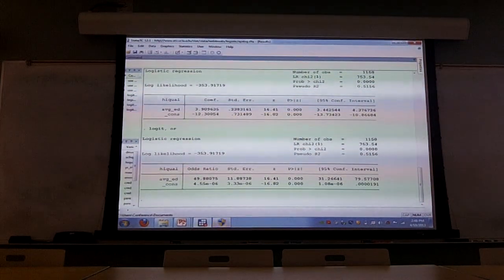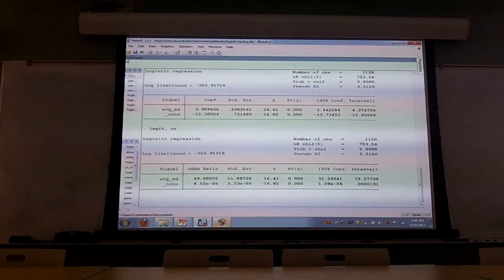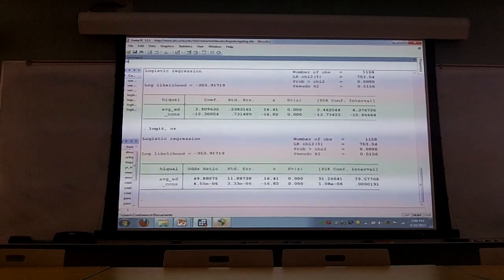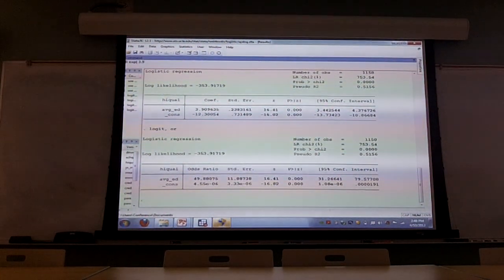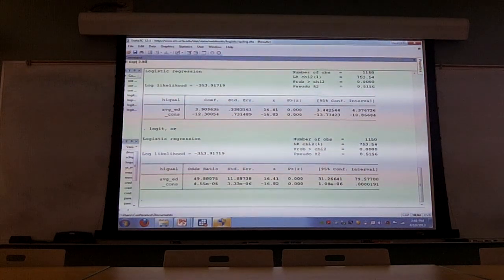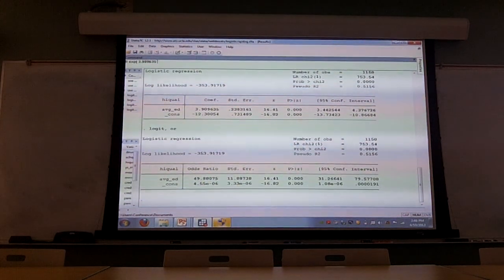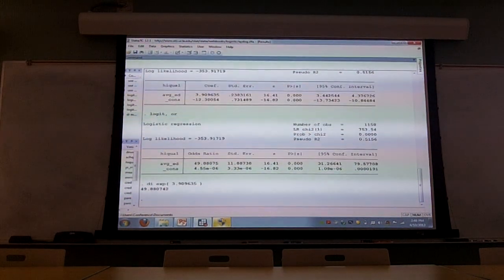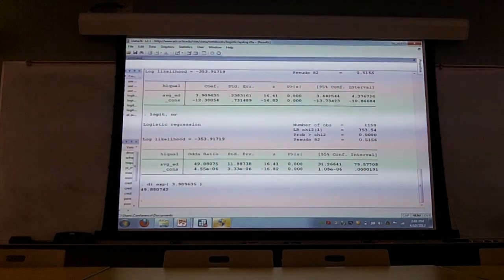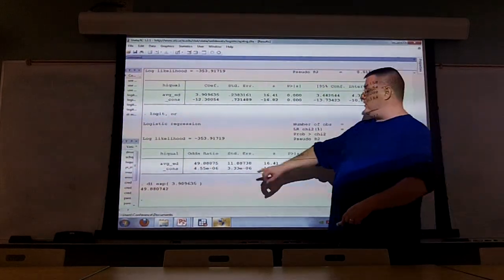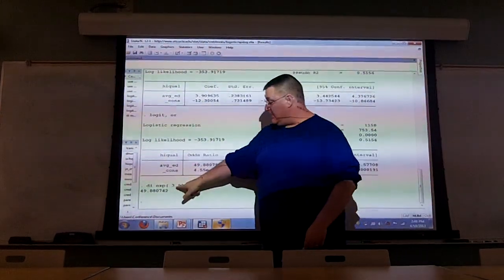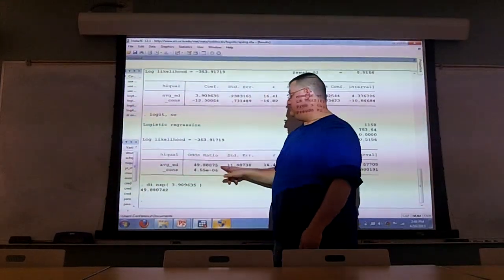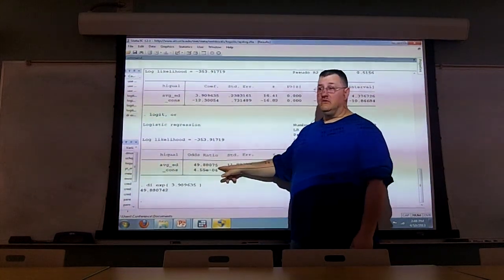Because all it's doing is taking those values and exponentiating it for us. Right, so where did this value come from? I took the logit, I exponentiated the logit, now I have my odds ratios.